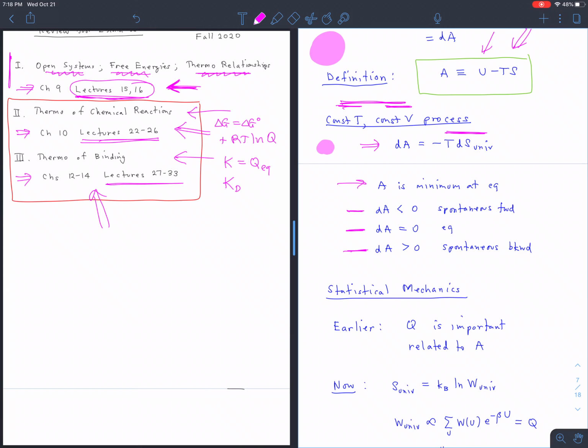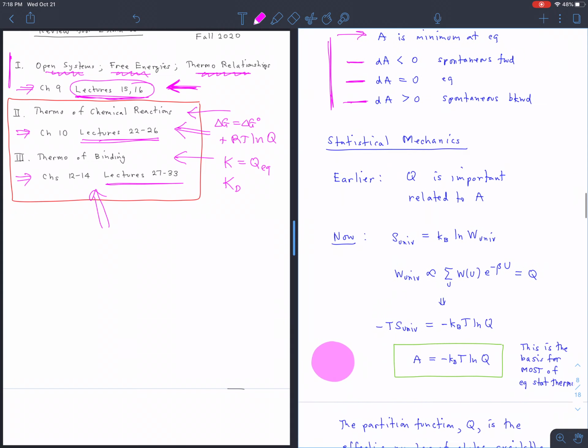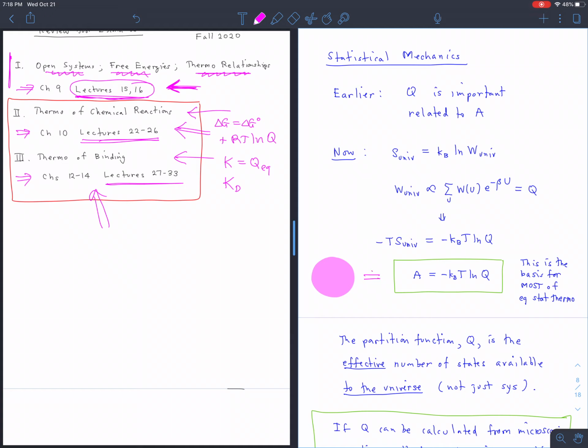Delta A, or Helmholtz free energy, is useful in its own right, but a lot of the interest in application of Helmholtz free energy comes from this relationship down here, which gives the connection between a thermodynamic fundamental potential, something that can give all the thermodynamic properties of the system, and this statistical quantity, the canonical partition function that we talked about last time.